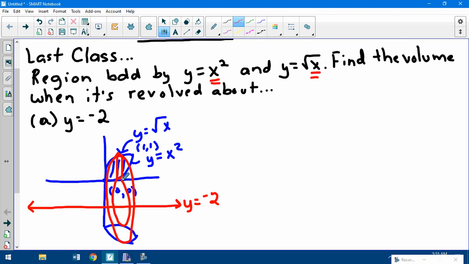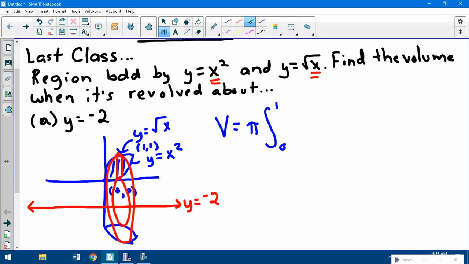Okay, so we're ready to set up the volume equation. What always comes out front? Pi times the integral from, or in terms of x's, but the x's and y's are the same for my intersection points, so definitely 0 to 1. All right, and take a second to think about it. What's your outer radius going to be?